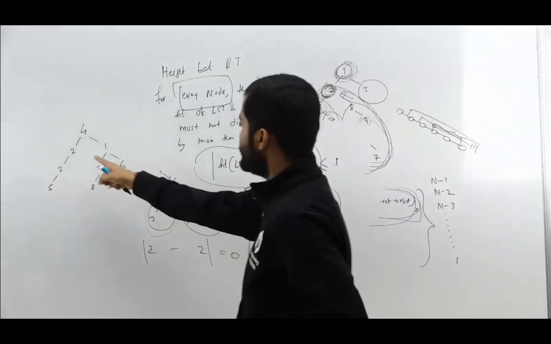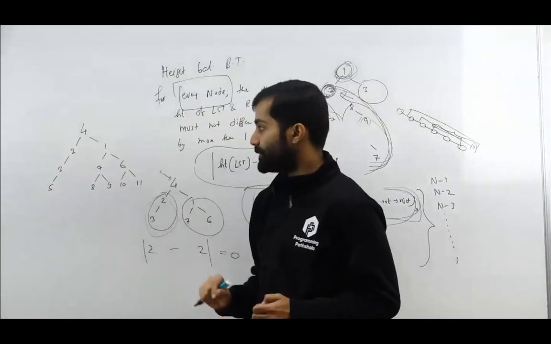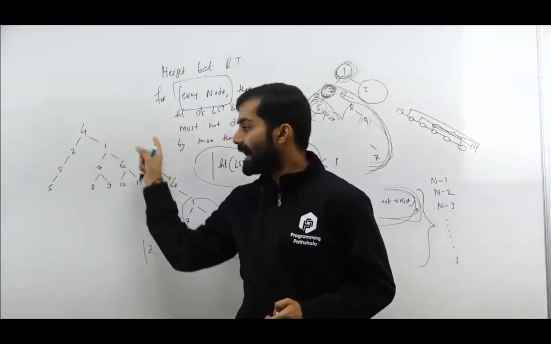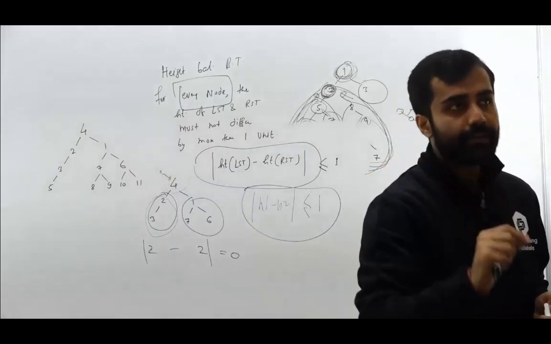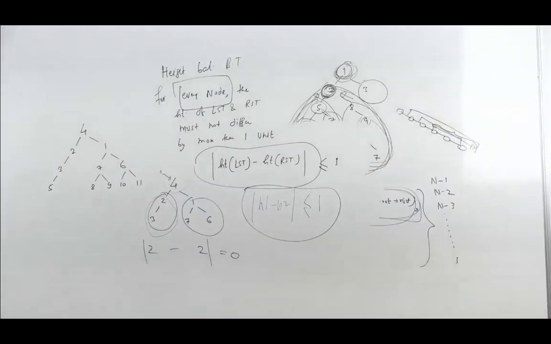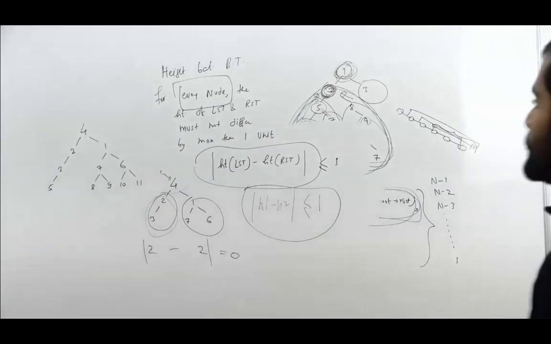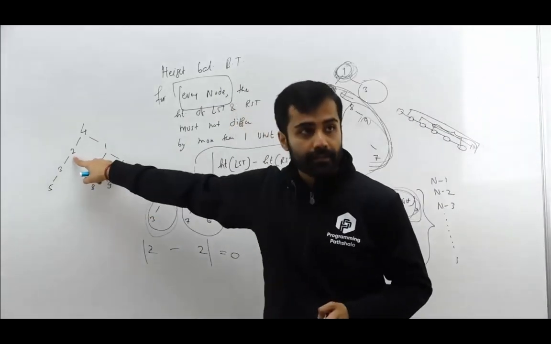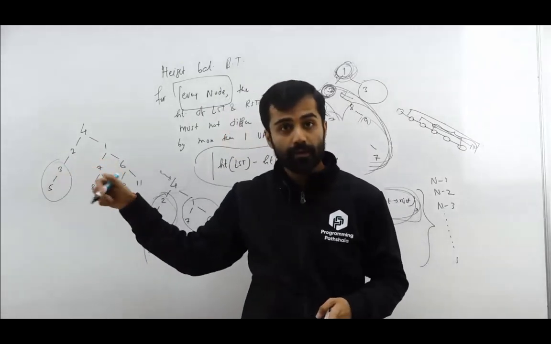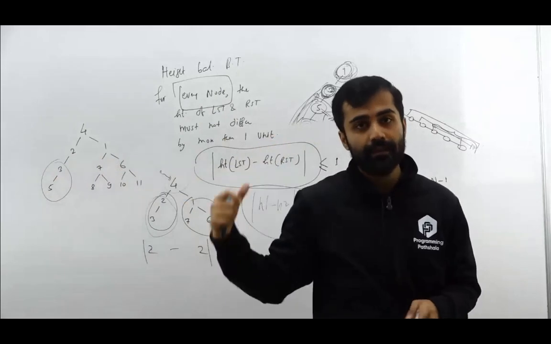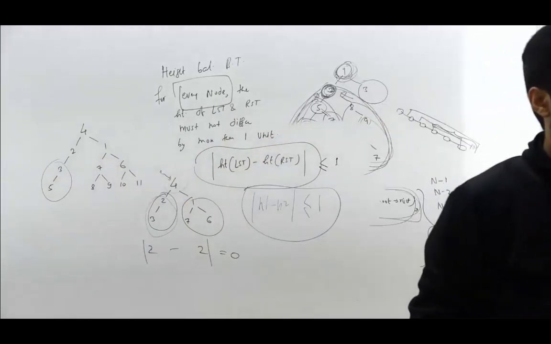Because the left height is 3 and the right height is also 3. But will you say this is a height balanced tree? No. What is the culprit node over here? Which node is not abiding by the rule? This 2 is not abiding by the rule, because for this 2, the left height is 2 and the right height is 0, and 2 minus 0 is not smaller than or equal to 1.